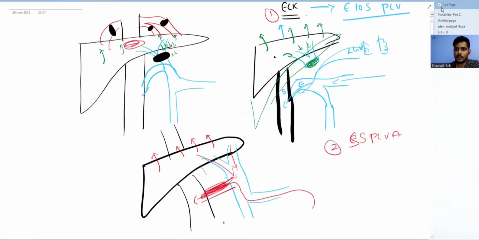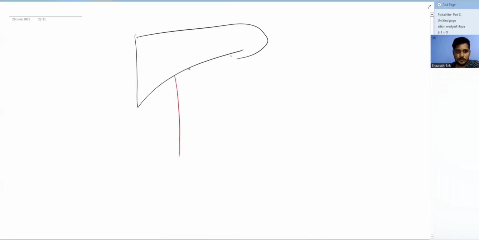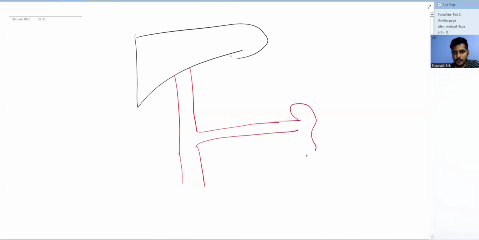And along with that, there are some other shunts. So if this is the liver, and then there is the inferior vena cava, and draining into this inferior vena cava is a renal vein, right?